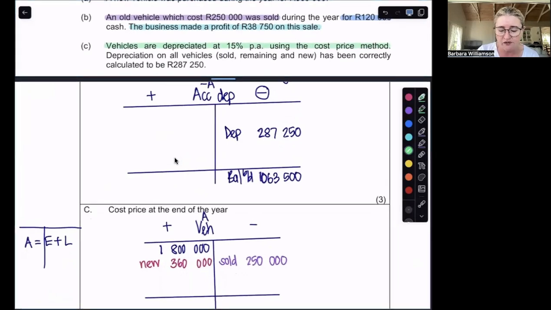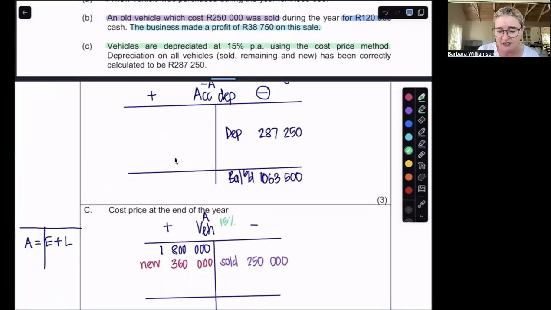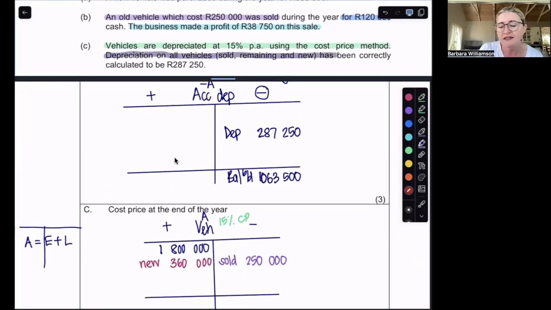I just make a little note over here that it's 15% on cost price, so that if I need to calculate any depreciation, I can. And it tells me that the depreciation on all the vehicles sold, remaining and new has been correctly calculated as the 287,250, which we've already picked up in the note. And we've already shown that in accumulated depreciation.